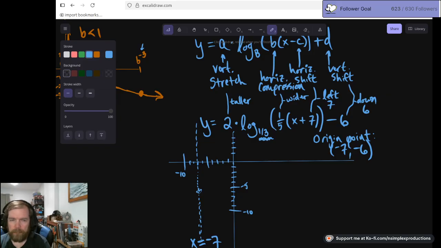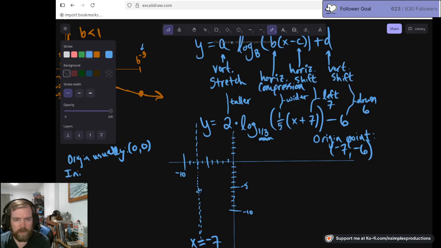Then, normally, our initial point is typically at the location 1, 0. The origin is usually 0, 0.